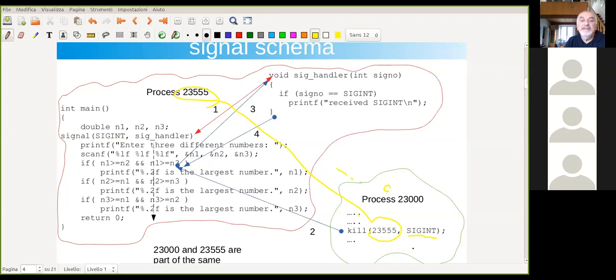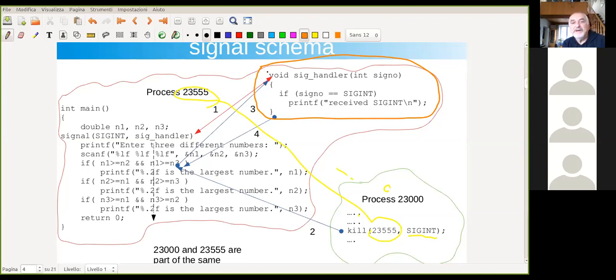So it sends the SIGINT, the interrupt, and fortunately, main has written and compiled this sig handler, the function that I called sig handler, maybe any name, of course, with the parameter.